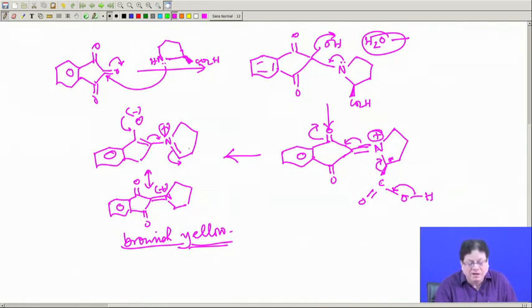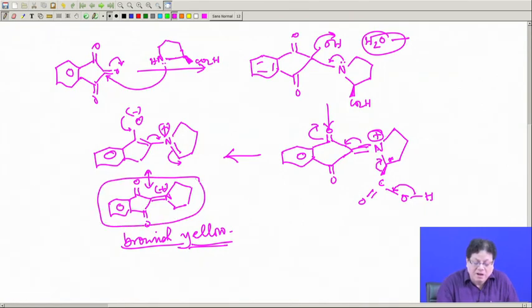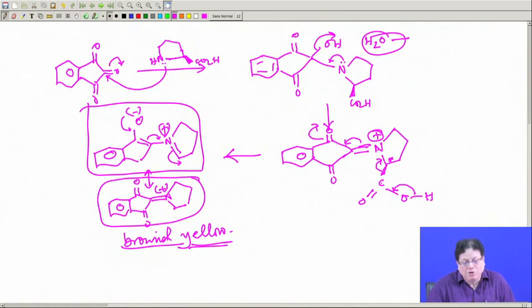It reacts with another ninhydrin. So, the color is independent of the nature of the side chain. In case of proline, we have a slight difference, because it cannot liberate the primary amine, and so it stays in these two resonating forms. So, that becomes the brownish yellow.